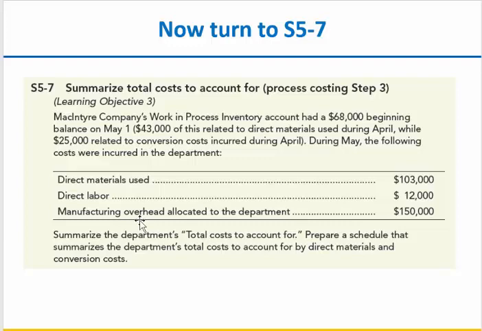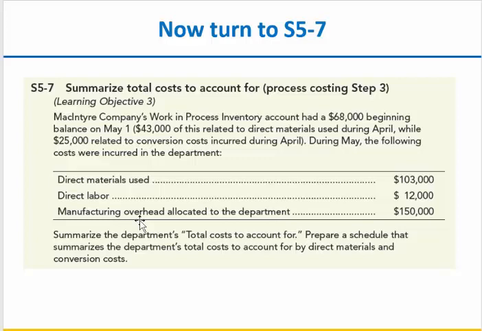Okay, so that's what we have here. So now let's take a look at the question here. This company's work in process inventory account had a $68,000 beginning balance on May 1st. And we split this work in process beginning inventory: $43,000 of this related to direct materials, while $25,000 related to conversion cost.